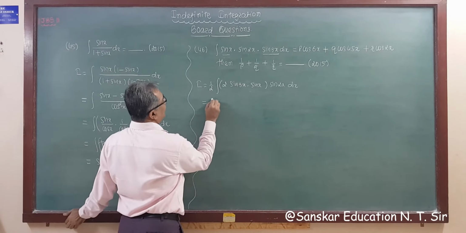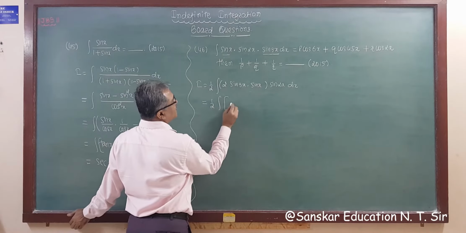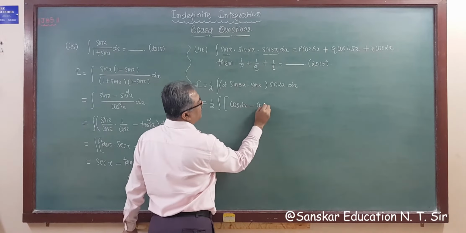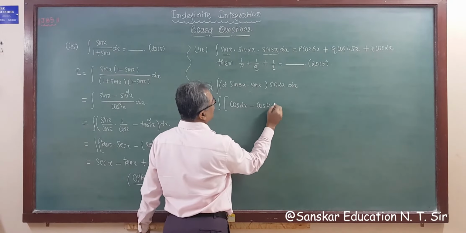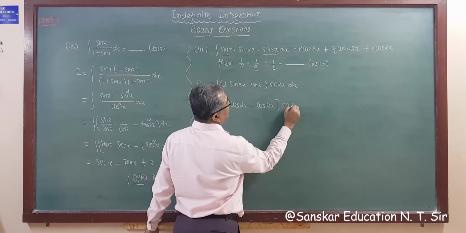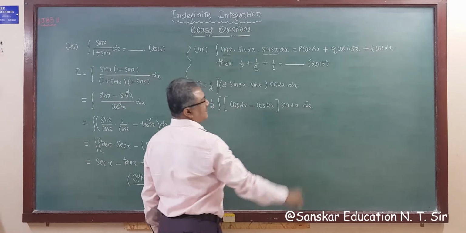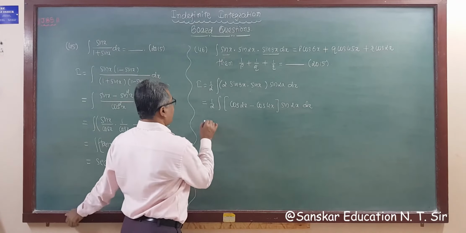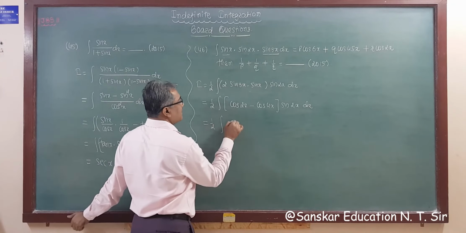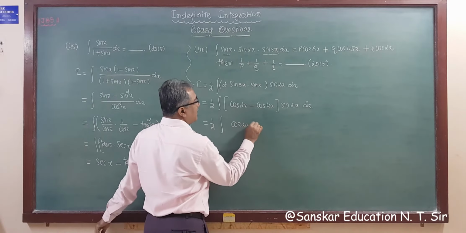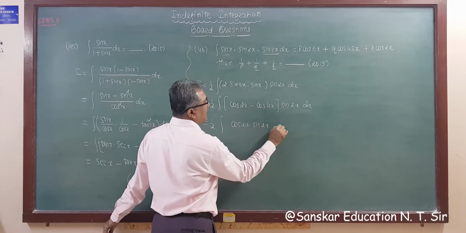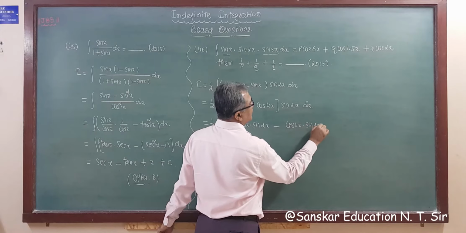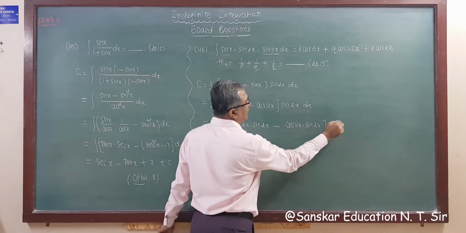Applying that formula, 1 upon 2 integration of (cos(3 minus 1)x, which is cos 2x, minus cos(3 plus 1)x, which is cos 4x) into sin 2x dx. Multiplying again, this is 1 upon 2 integration of (cos 2x into sin 2x minus cos 4x into sin 2x) dx.